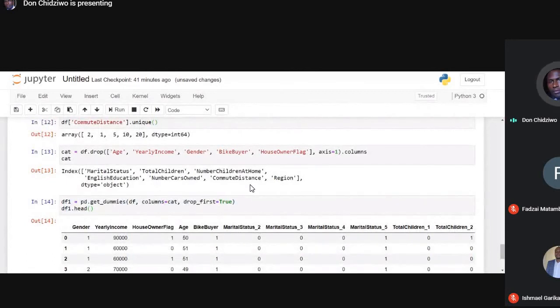I created a list of my columns, excluding the ones that are not categorical. It consists of my categorical variables.